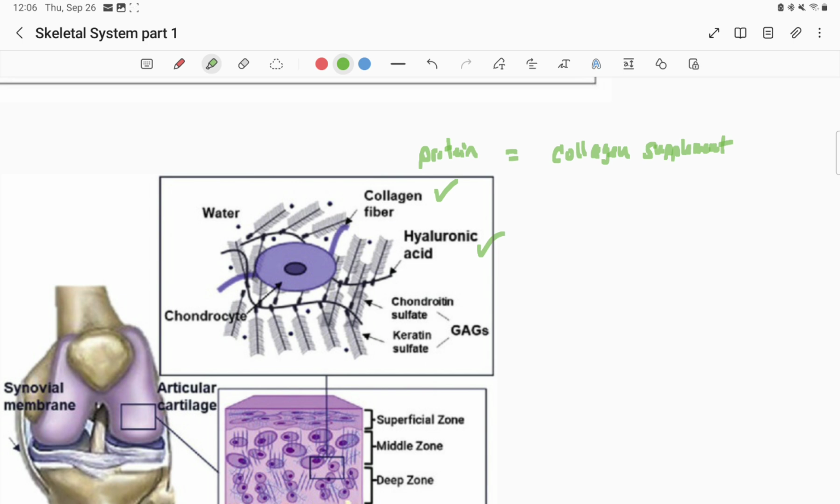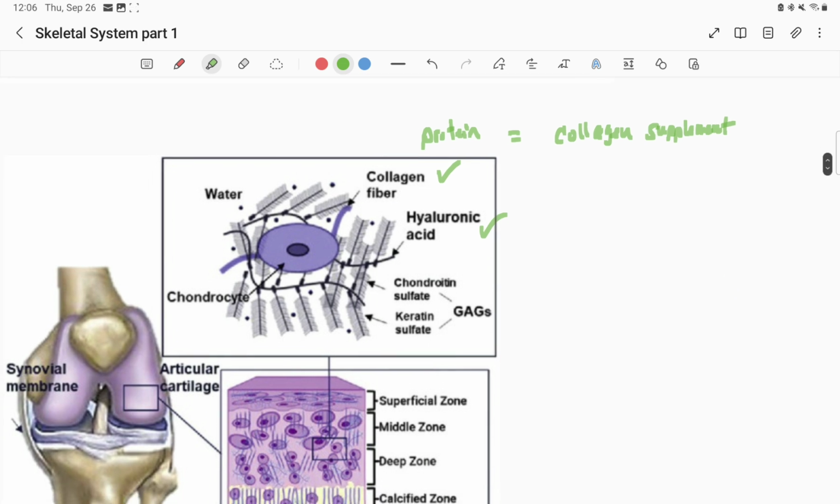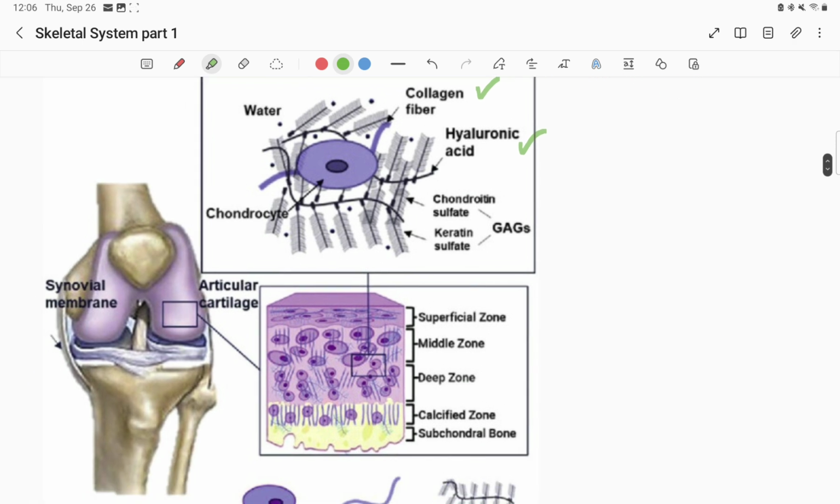Or that would be your dose for the day. Every morning I try to do that, with my bottled water, put a pinch of Himalayan salt in, and then the collagen supplement. What you're getting is your protein. So a lot of what we're about to look at is made up of proteins.